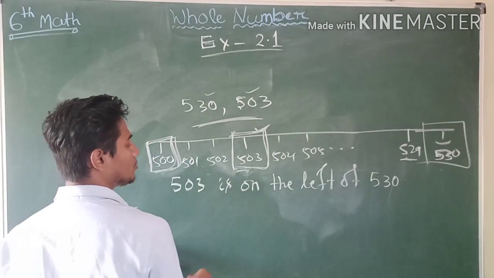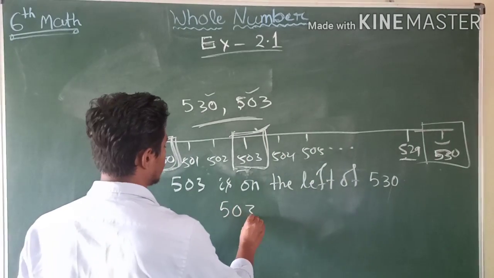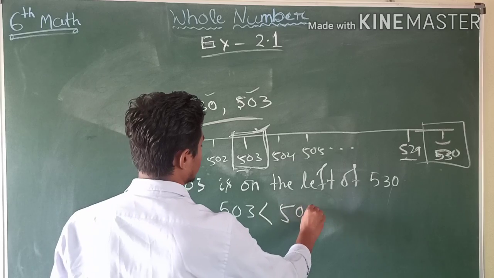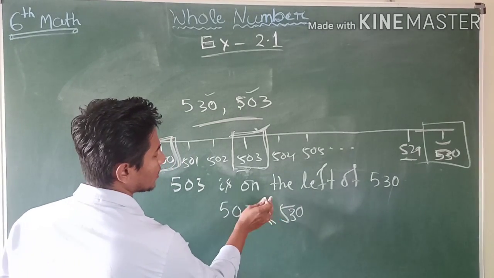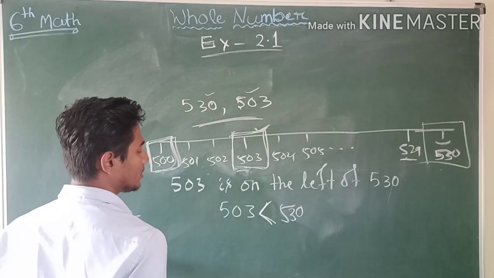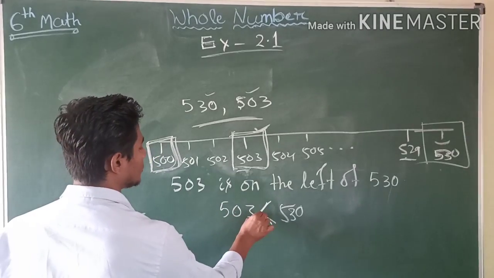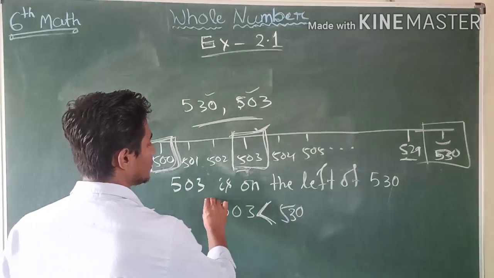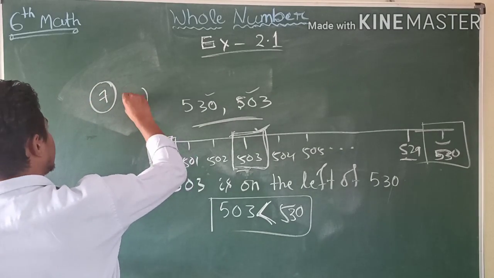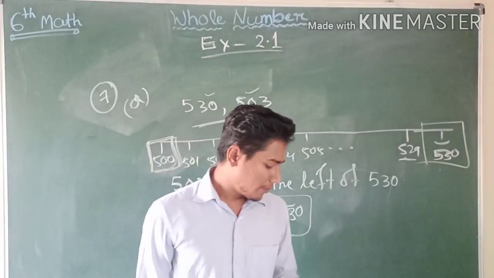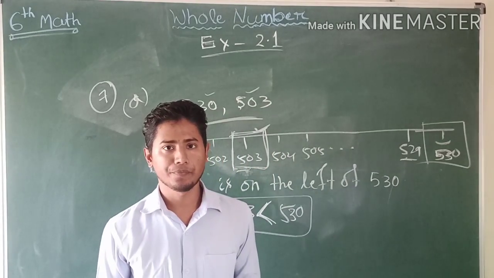Then between this, which one is greater? Then put appropriate symbol. To greater side, this space will be there. To smaller side, this arrow mark. So this is the answer of question number 7. Like this you can solve B, C, D, everything.